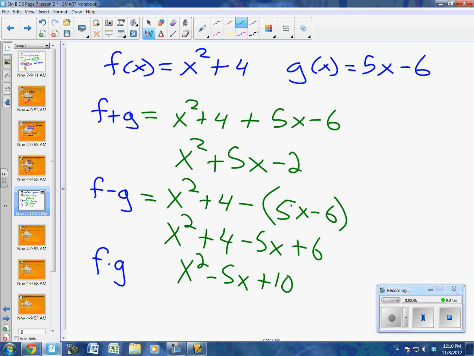You add. It would be 4 plus 6, which is 10. If I go negative 1 times 5x, I get negative 5x, and negative 1 times negative 6 is a positive 6. 4 plus 6 is 10.